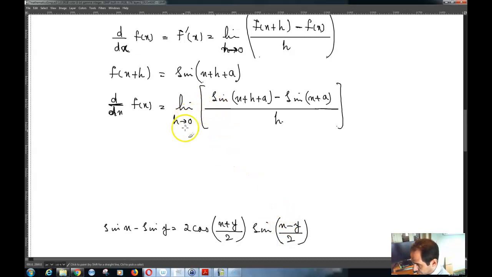Which means you can write this as the limit of 2 times cos of x plus y divided by 2, where this is x and this is y.